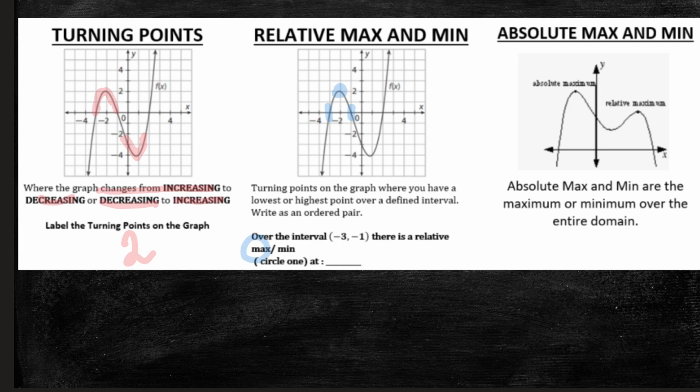So it's going to have a maximum, and then you would write that ordered pair. So that ordered pair is (-2, 2). This kind of gets confusing because that looks like an ordered pair, but that's an interval. And I'll say that. It'll say interval blank. But this is an ordered pair, and they look very similar, and so you have to really pay attention.